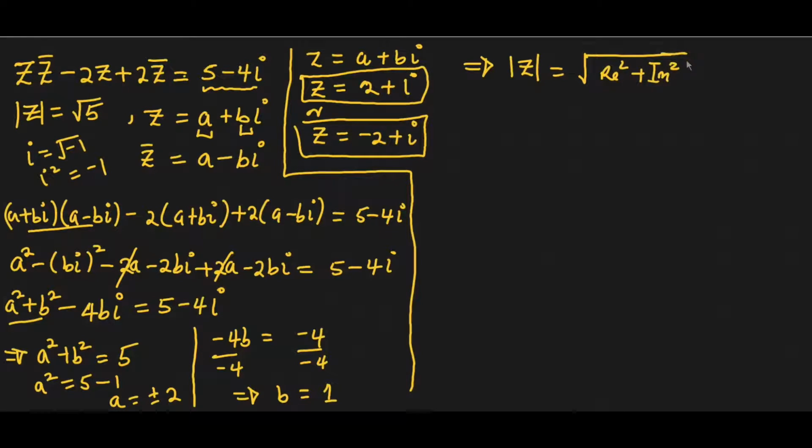So the magnitude of z is equal to the square root of 2 squared, and either way it works because it's going to be squared, plus the 1 which is here squared, and that takes us to square root of 5. Either way, using this or that, it gives us square root of 5.